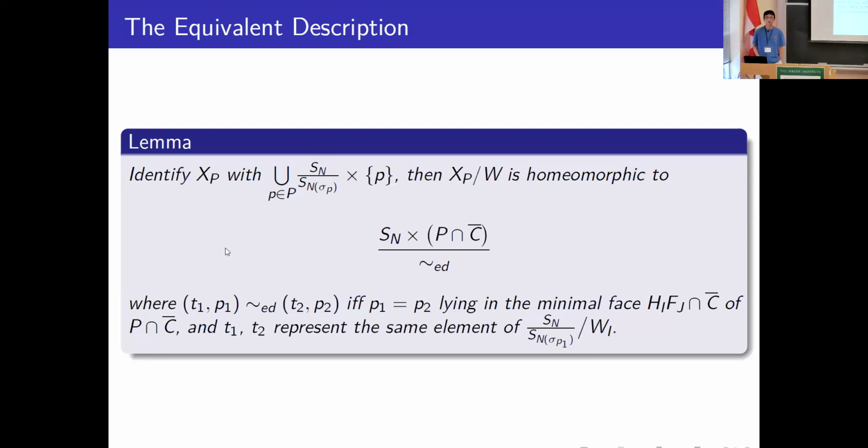Here (t1, p1) is equivalent to (t2, p2) if and only if p1 is equal to p2 and they are lying in some minimal face H_I F_J of the quotient polytope, and t1, t2 represent the same element of this quotient under the W_I action.